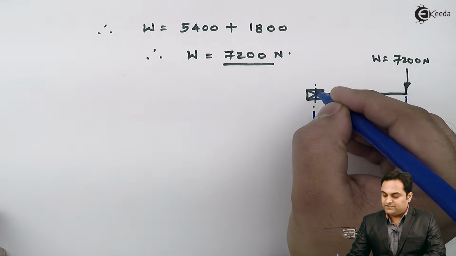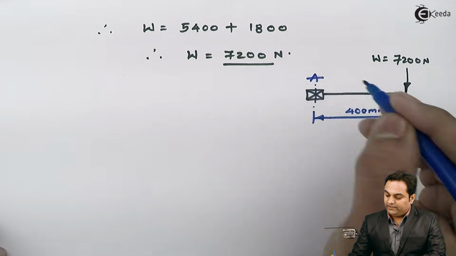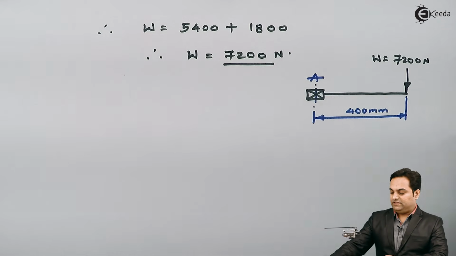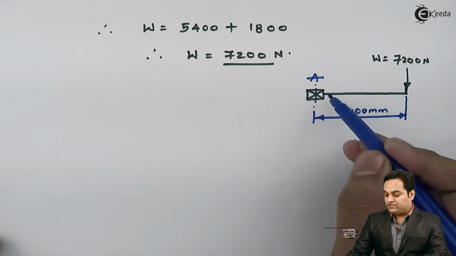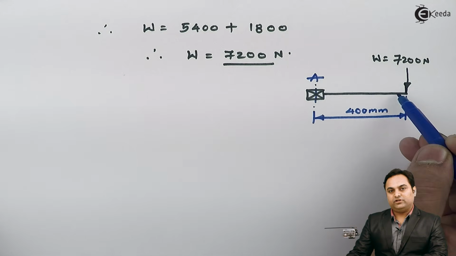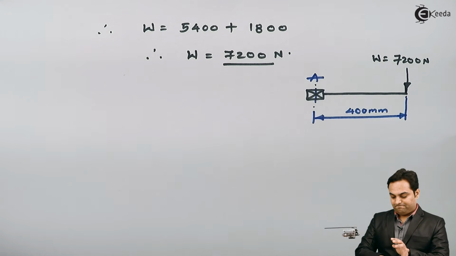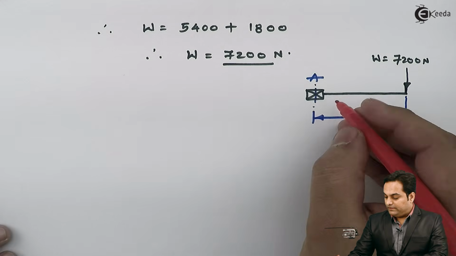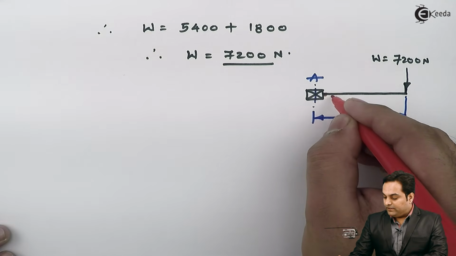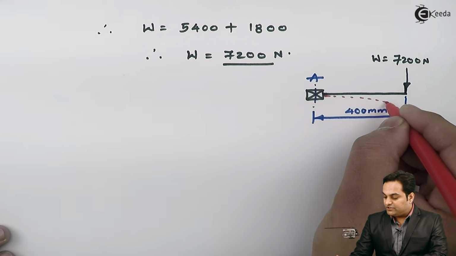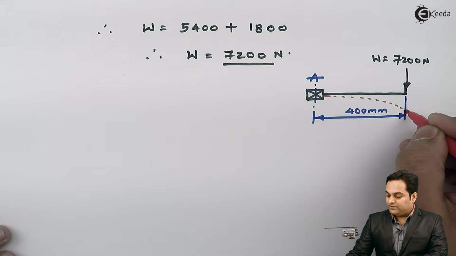I'll say that at this bearing I'll consider it as point A. What may happen is that because of the load acting, this horizontal shaft can bend, like for example, like a cantilever beam, it can bend in this way. This is the bending of the shaft.